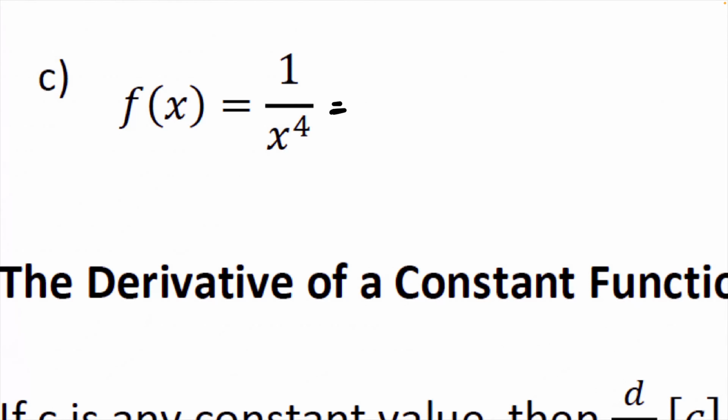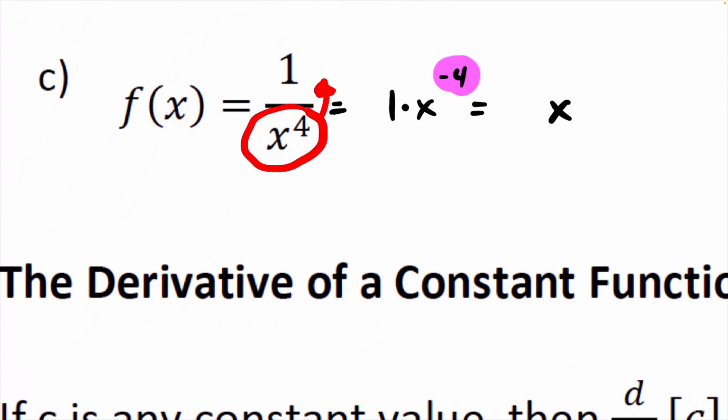To move it up, I can do that as long as I make the exponent negative. So it would be 1 times x to the negative 4. Use the power rule. Subtract 1 from the power. So if I subtracted 1 whole, I'd have negative 5, not negative 3, because you're subtracting. Multiply by the old power, which multiplies times what was in front.